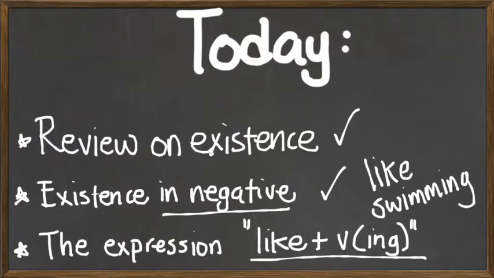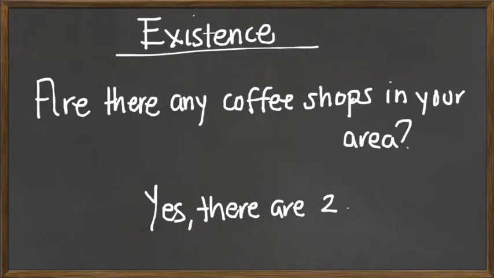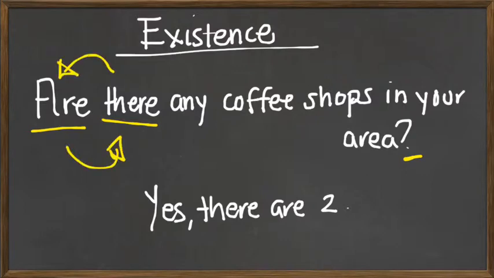Okay, let's continue. We know that in English, we express existence with the expression there are. But in this case, since we have a question, we make an inversion there. And the result is are there. Then we have our quantity expression, our noun.